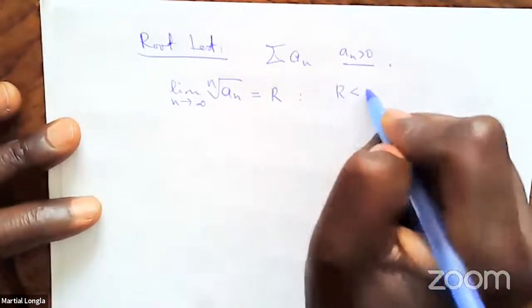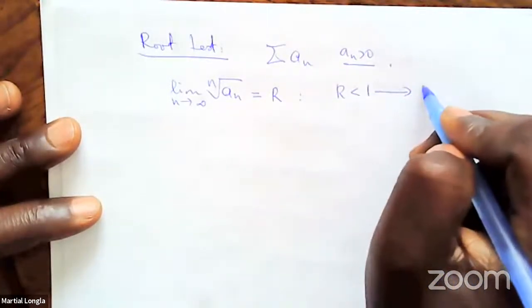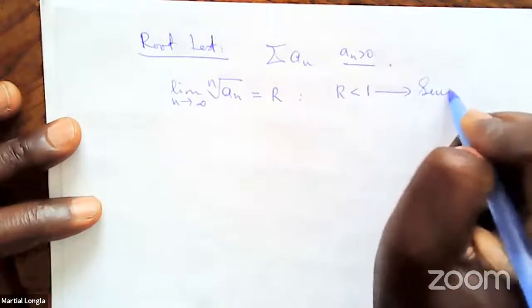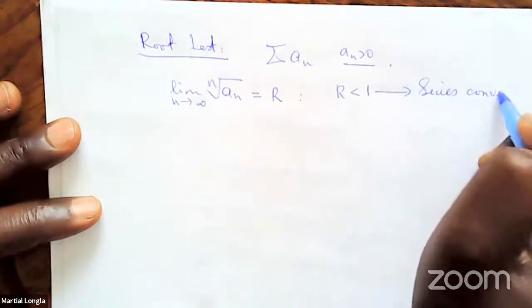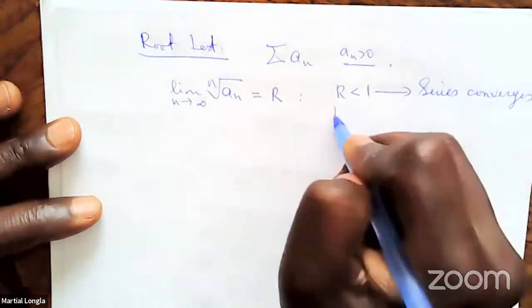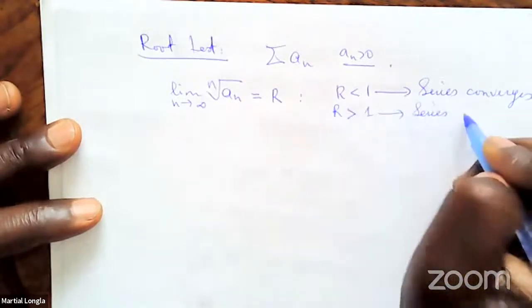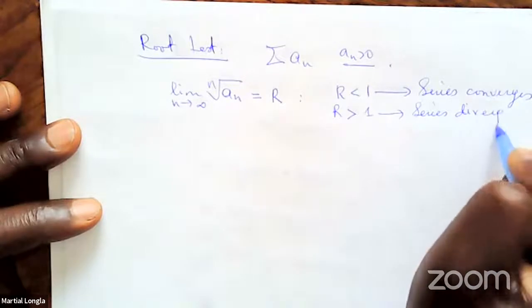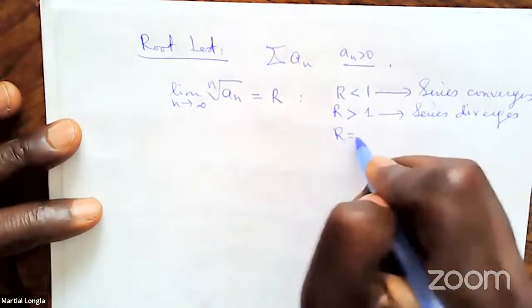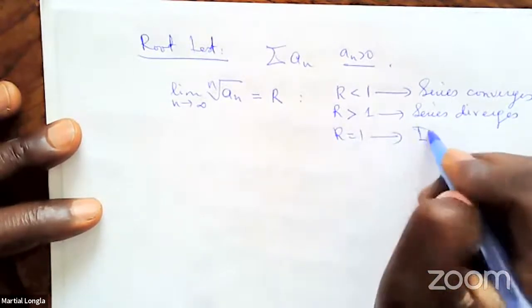If r is less than 1, the series converges. If r is strictly larger than 1, the series diverges. If r equals 1, again inconclusive.